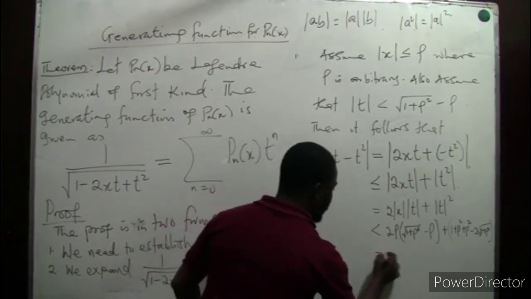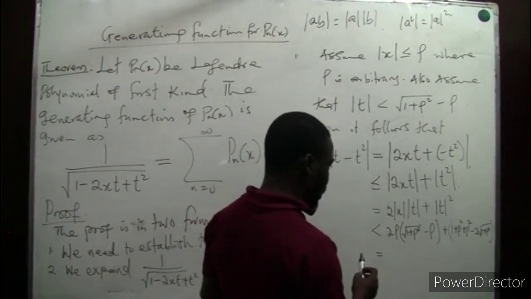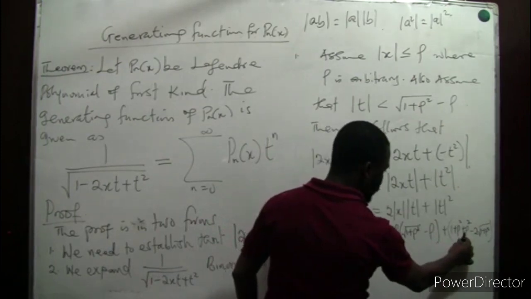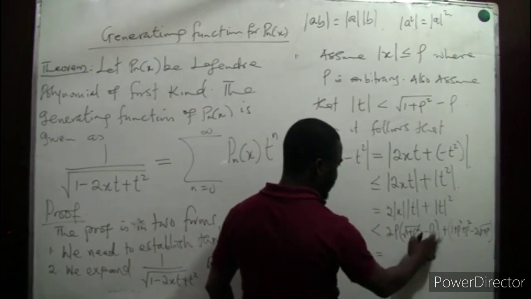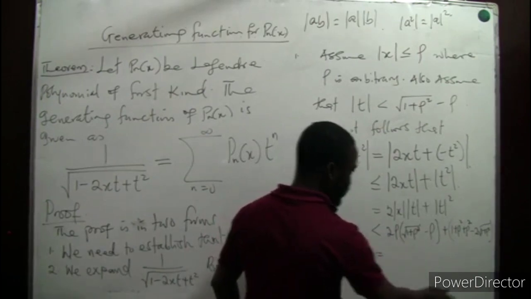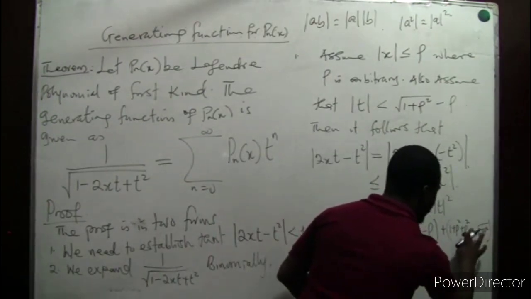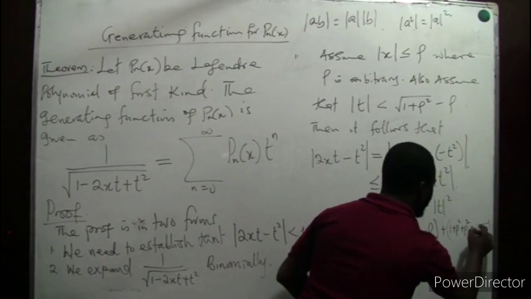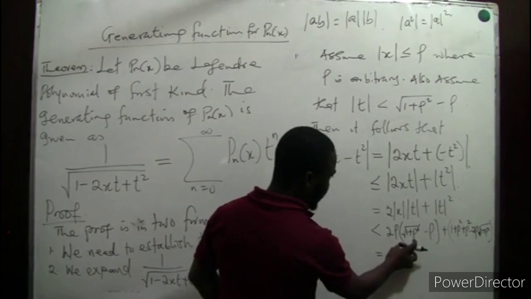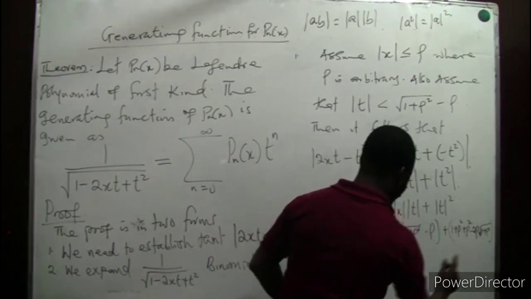The whole of this expression, let's see, rho square plus rho square will give us 2 rho square. This multiplied by this cancels out that. Then this multiplying this, sorry, this is supposed to be minus 2 rho of that. So 2 rho multiplied by this minus 2 rho of that cancels out.